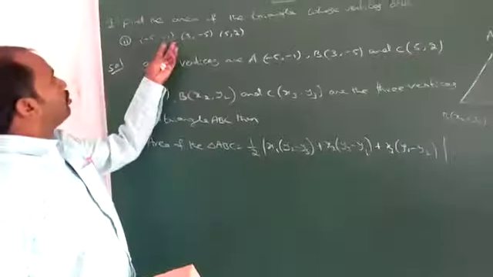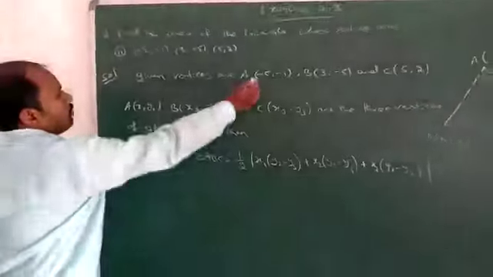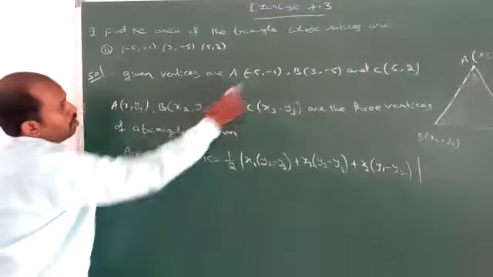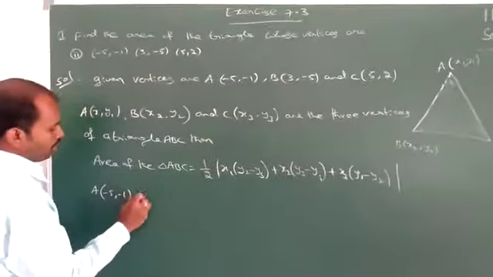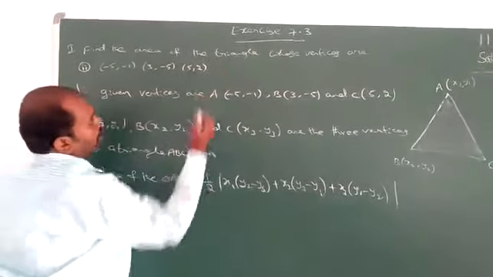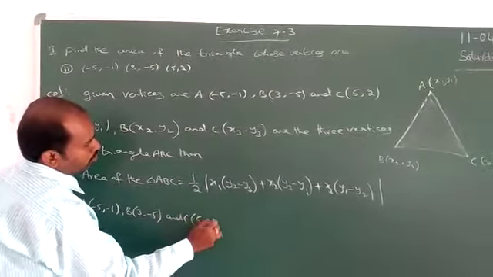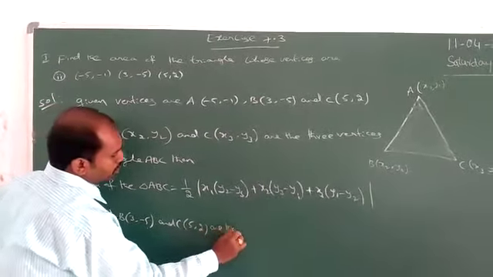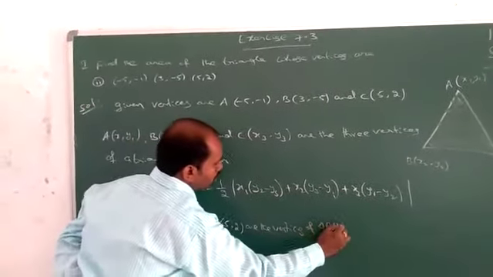Now I substitute these three points. First one A is -5, -1, second one B is 3 comma -5, and last one C is 5 comma 2, the vertices of triangle ABC.